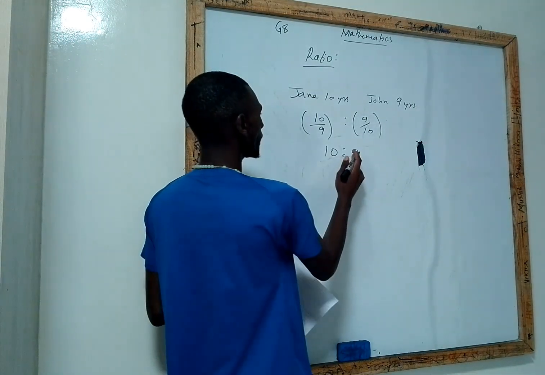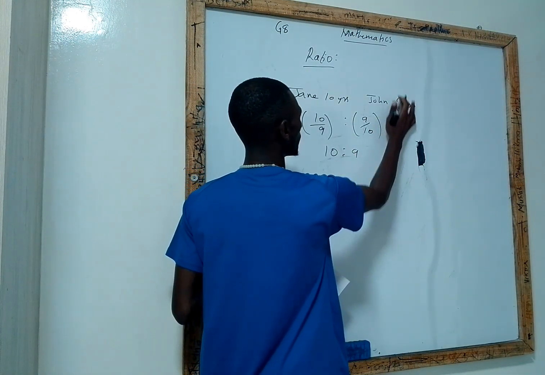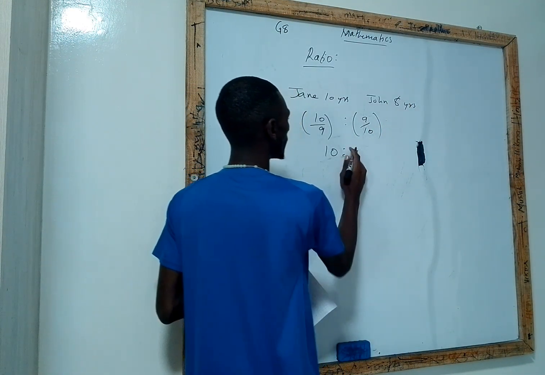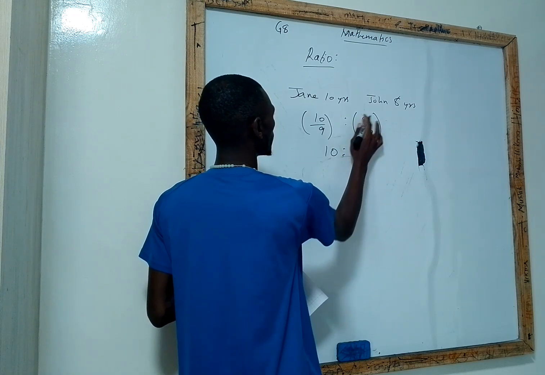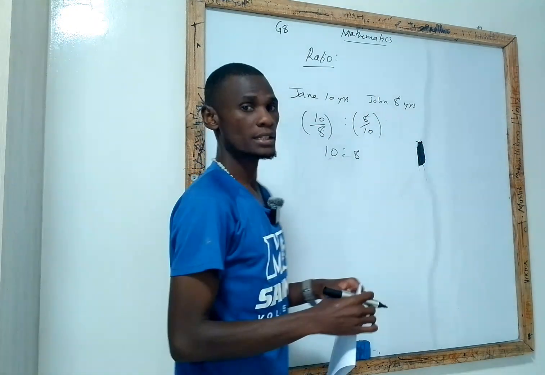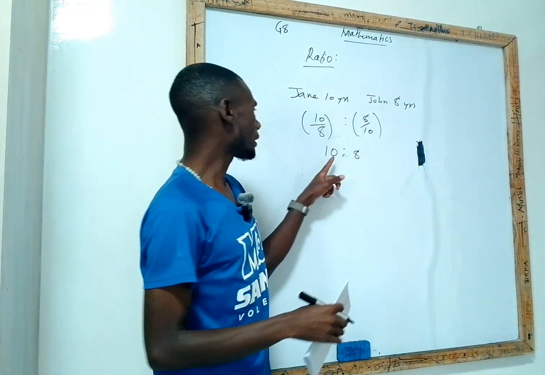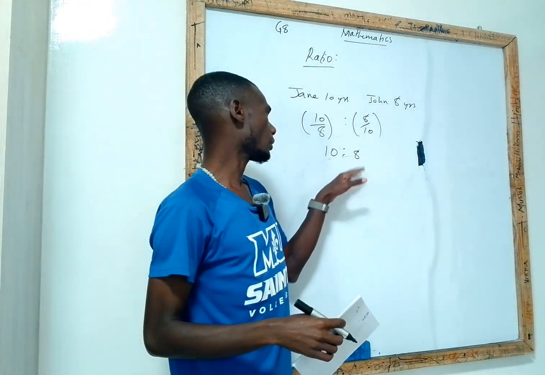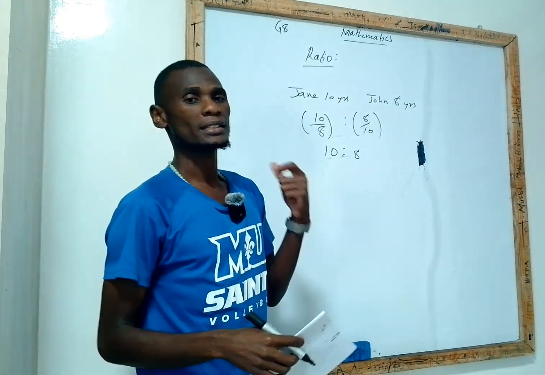For example, let me pick an even number here. If this was 8, and that is now 8, let us change everything to be 8, and you are told to express them in ratio form, you can't leave it like this, 10 to ratio 8. It must be in the simplest form.